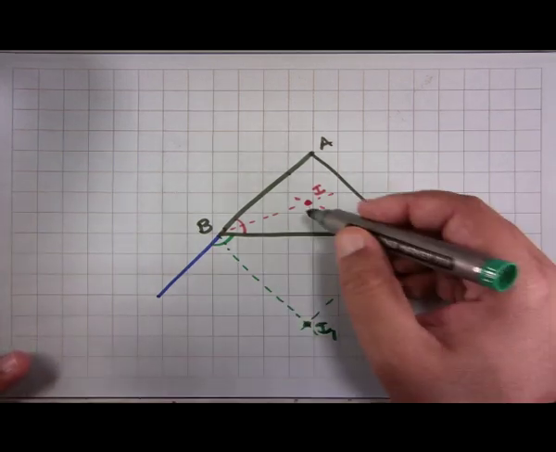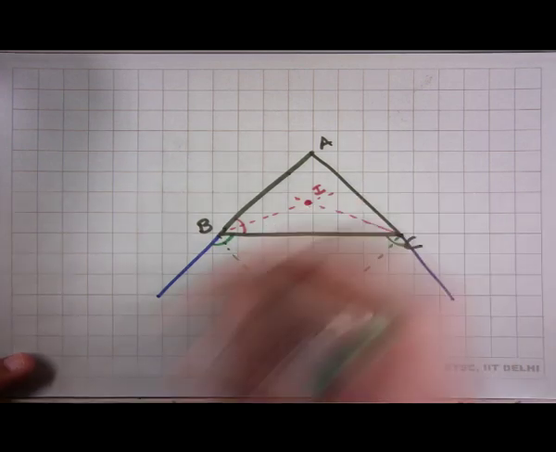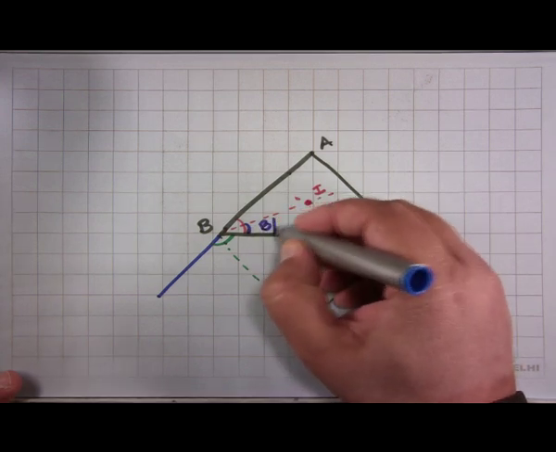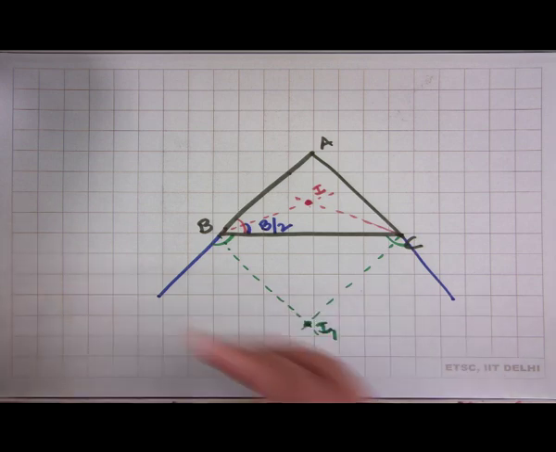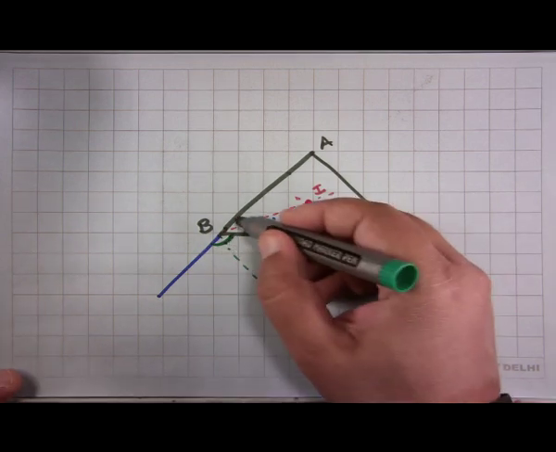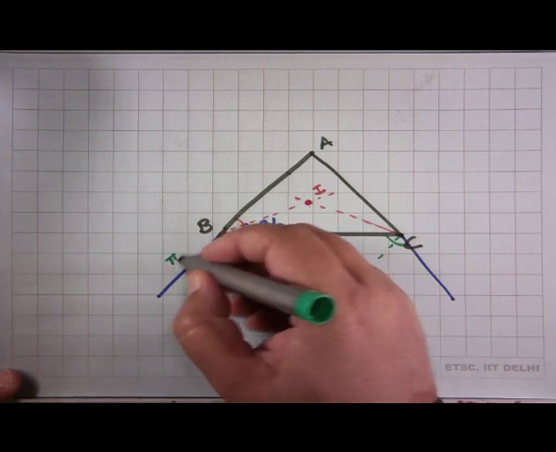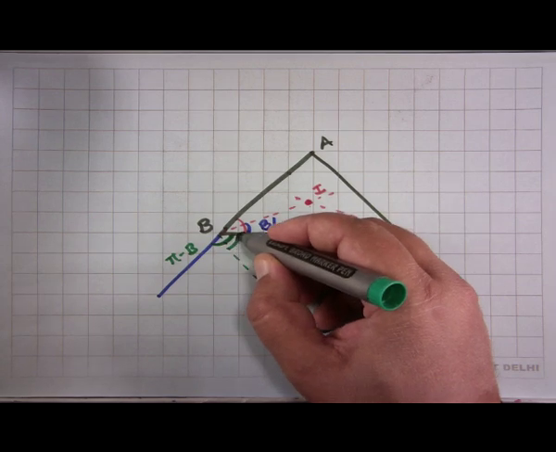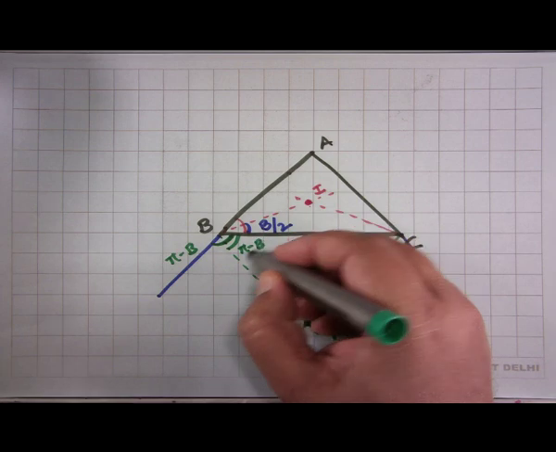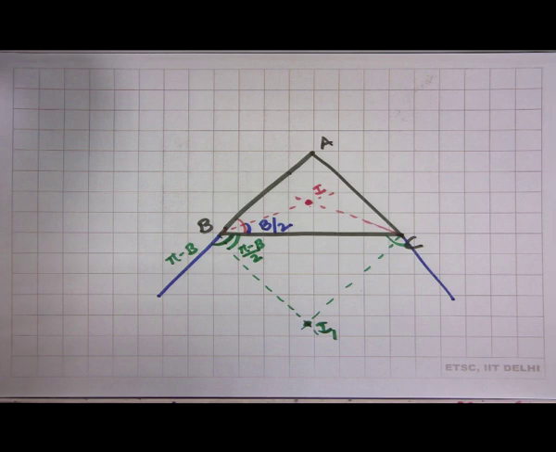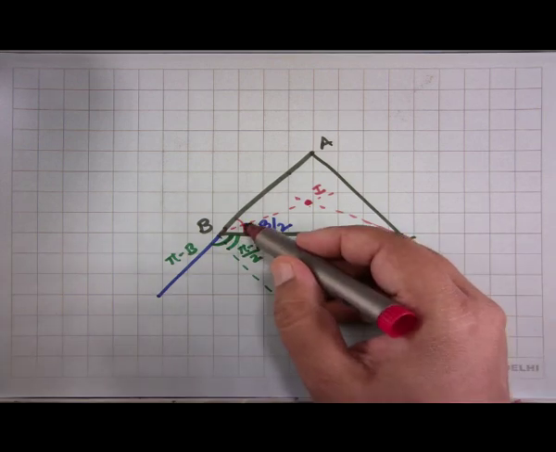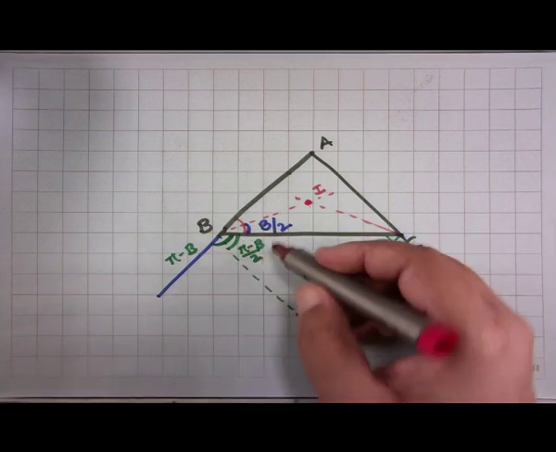So now if we look a little carefully, what we see is that this particular angle of course is B by 2, and this entire angle, because this angle is B, this entire angle has to be pi minus B, and because this green dotted line is an angular bisector of this external angle, this half angle here will be pi minus B over 2, and what that then implies is that this angle I B I1 will be equal to B by 2 plus pi minus B by 2, which happens to be 90 degrees.